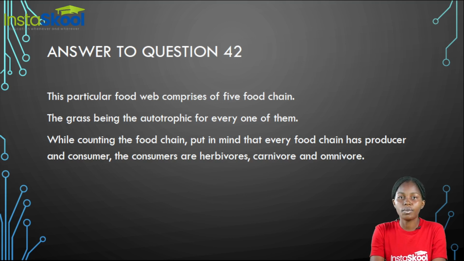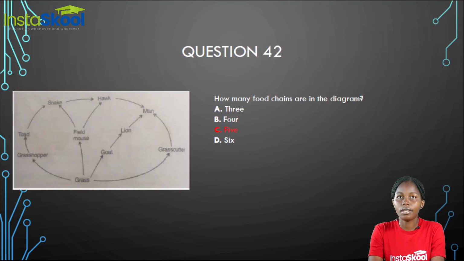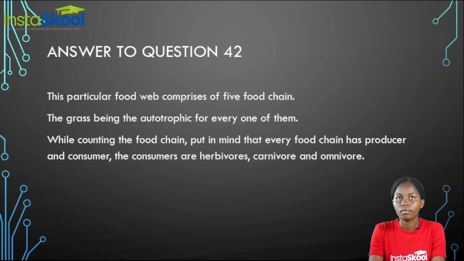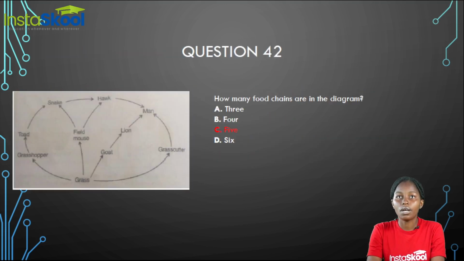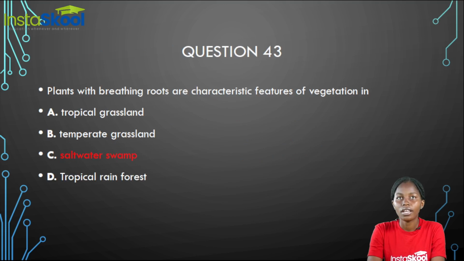Usually, these consumers are the herbivores, the carnivores, and the omnivores. So this time, the grass is the autotrophic part of each of the food chain. So our answer is our option C. It is made up of 5 food chains. We now move on to question 43.